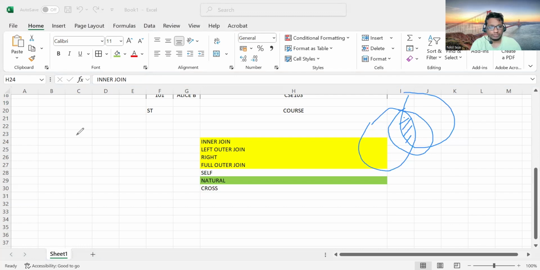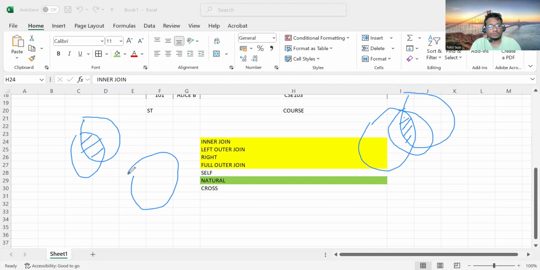So simple. Only the common data. Inner join will not give any other data related to the left table or right table. It will give only the common data which is present in the left table as well as in the right table. That is inner join.